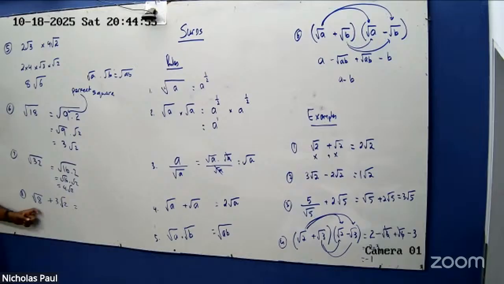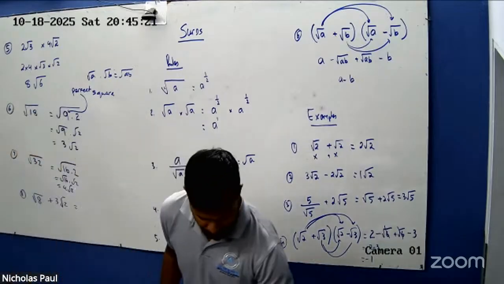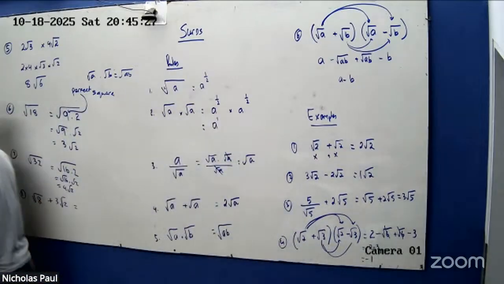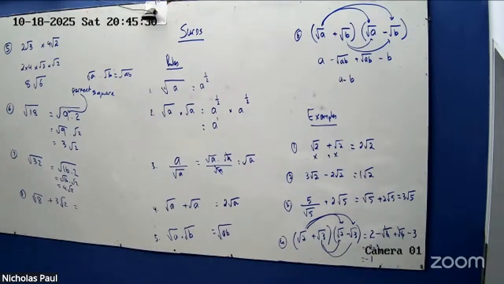The problem is we can't add them because it's two different surds. So you have to simplify root 8 so you can add them. How much do you get? 5. So you have to simplify them in order to add them. Use the calculator as well and make sure you get the same value.